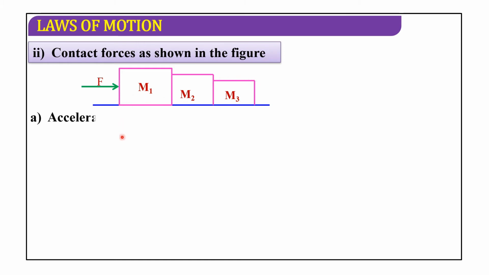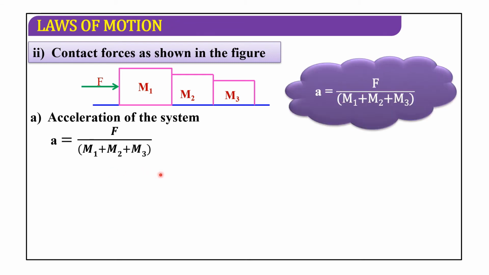The force F is applied. If the three bodies are in contact on a smooth horizontal surface, then acceleration of the system a is equal to F by M1 plus M2 plus M3.